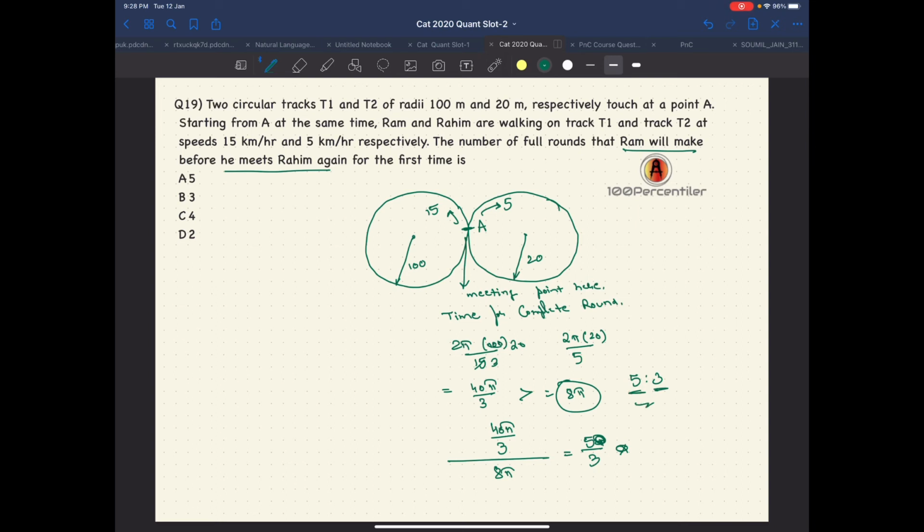So we need to find the LCM of these completing times to find a common meeting point. So that is clearly 15.